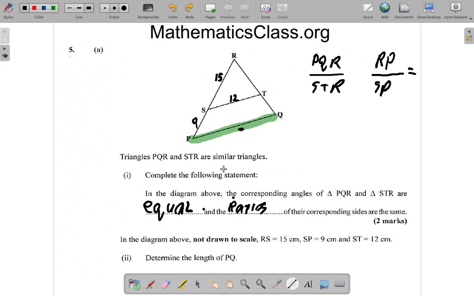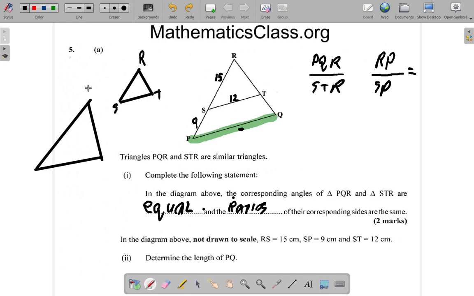And what I could do is put the triangles over here separately. This is the small triangle. This is the big triangle. So you can see clearly. This is R, this is S, this is T, this is R, this is P, this is Q. You see that? So from R to S, same thing from R to S, over from R to P on the big triangle.